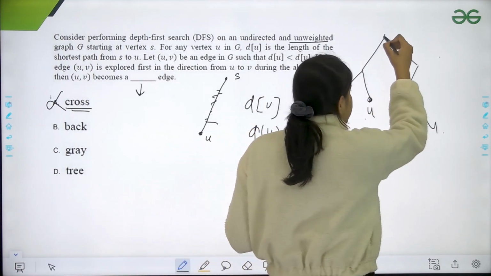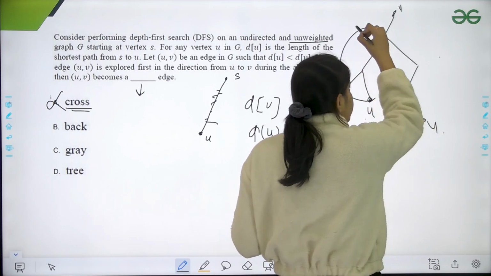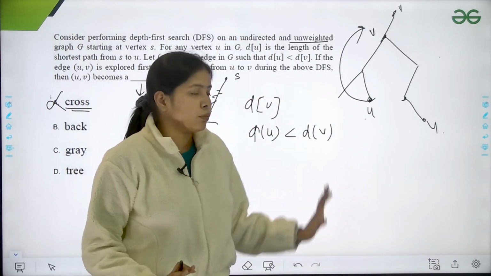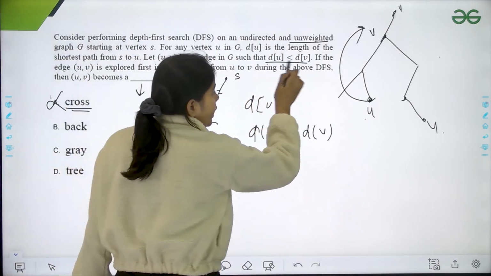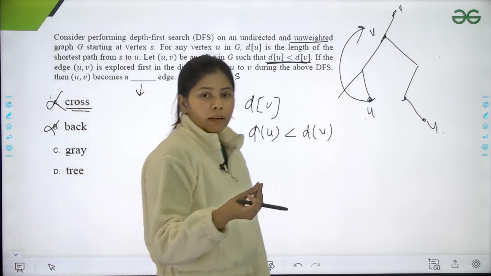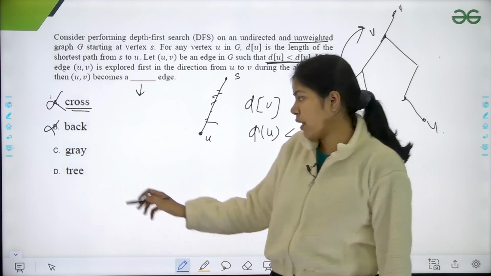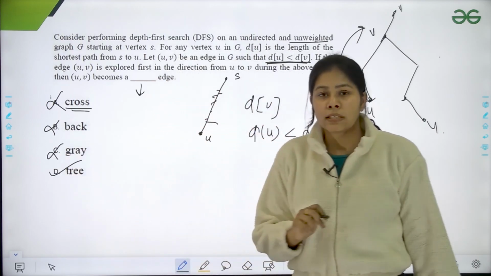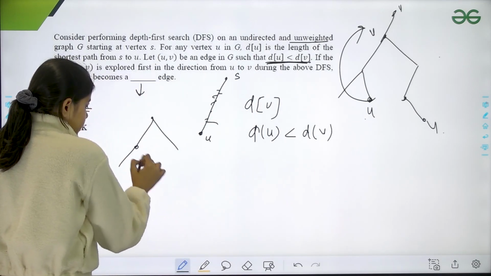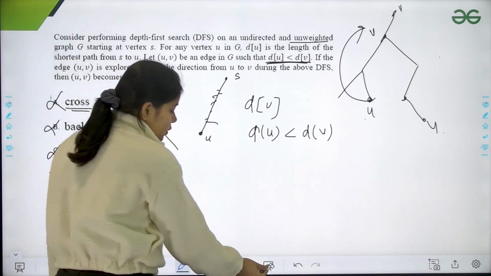Let's suppose we have some S here, and then I can trace from U to V, so V is a previous ancestor of U. That is not possible because we are given that D of U is less than D of V. This is also not true. And gray is the name we give to a vertex in DFS when there is a back edge, so that is also not true. So the only option that is true is D. It would be something like, let's suppose we have a graph where this is U and this is V, so option D is true.